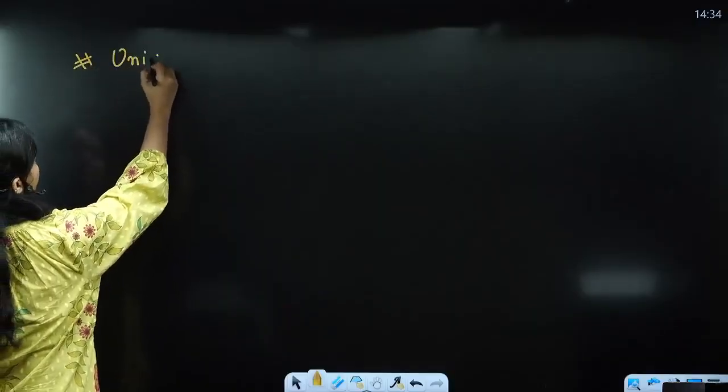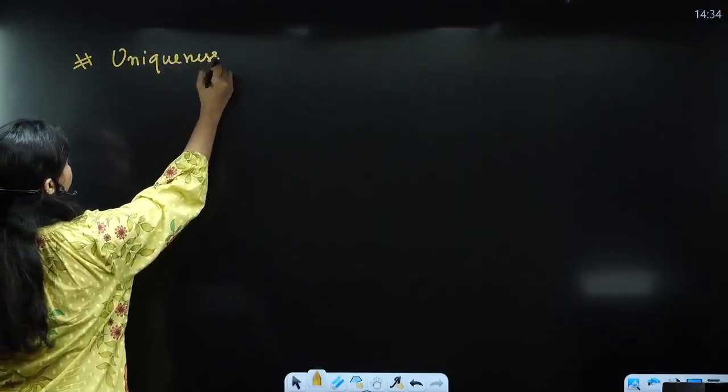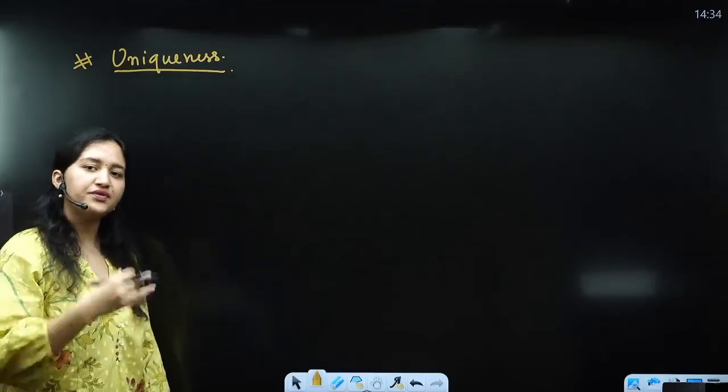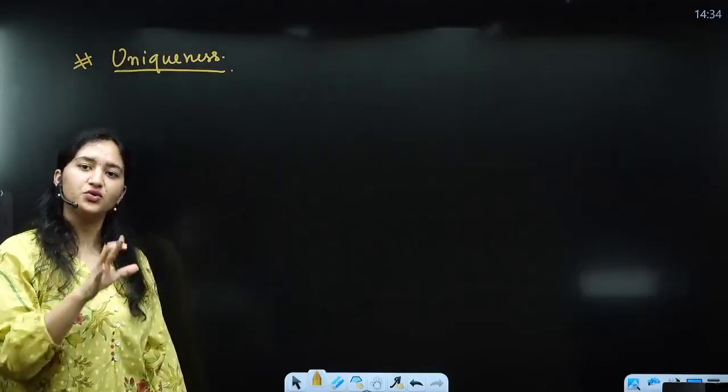Now for uniqueness. I want to prove that x equals A inverse B is a unique solution.